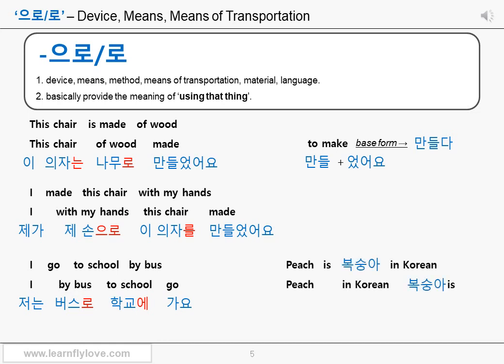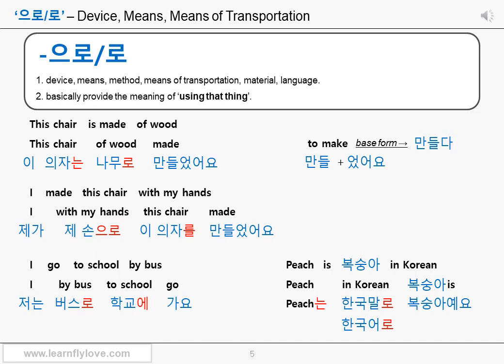Last example. Peach is 복숭아 in Korean. Peach is 복숭아 using Korean as the language. Make sense? Peach in Korean. 복숭아 is. Peach is 복숭아. A is B. You're definitely using 이에요, 예요.